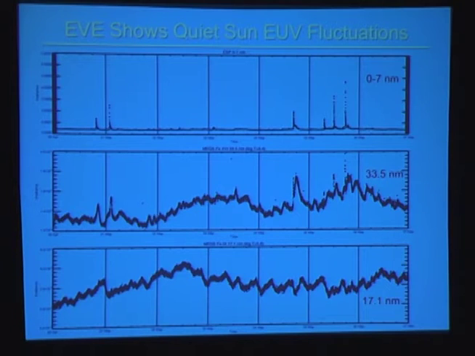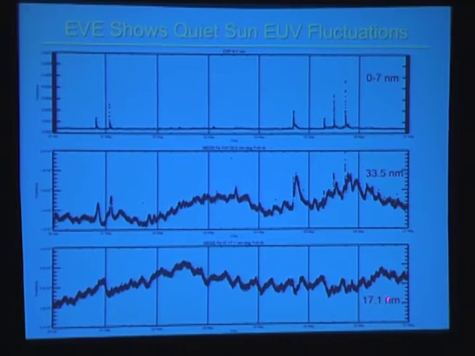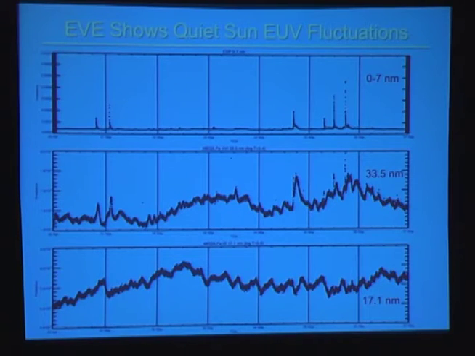So some of the new things we learned with EVE are that the quiet sun is not quiet. These are 3 panels of different wavelength ranges, 0 to 7 nanometers, 33.5, and 17.1. These 3 wavelength ranges come from different parts of the solar atmosphere, and they vary differently.